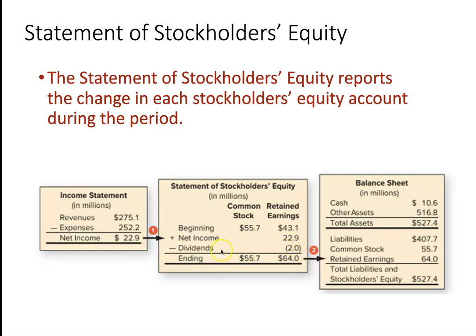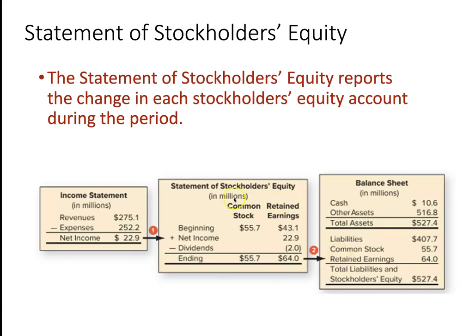Dividends are the returns that the company pays back to the shareholders. So basically, retained earnings equals last year's retained earnings plus the net income minus the dividend. This ending retained earnings will be reported in the balance sheet.